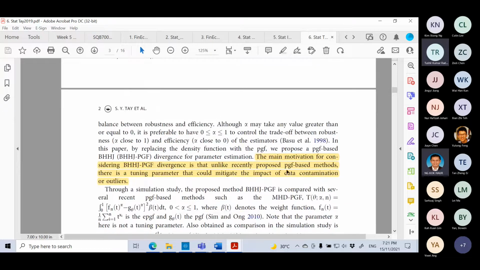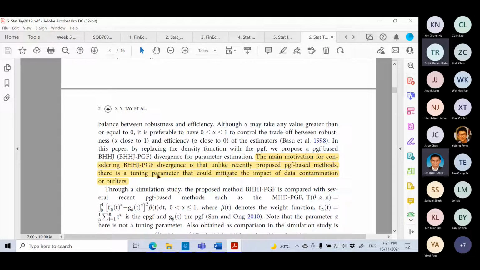Okay. And then here, you can see the main motivation for considering the BHSJ, that's the PGF divergence, is that unlike the recently proposed PGF-based method, there is a tuning parameter that could mitigate the impact of data contamination or outliers.